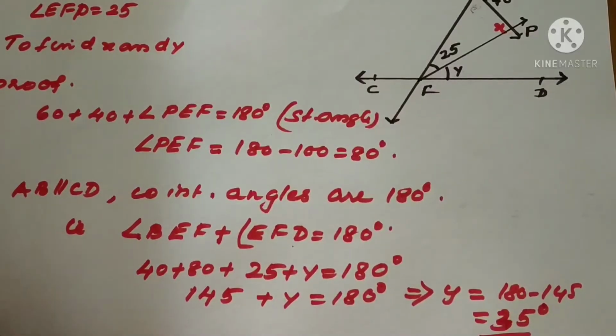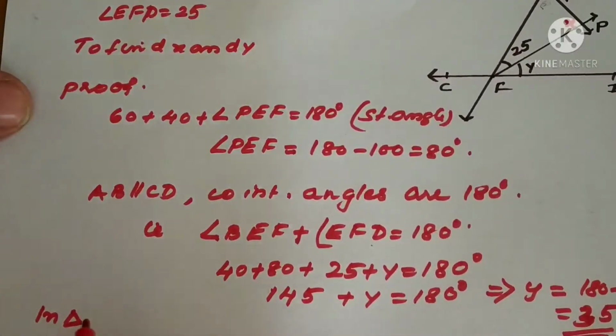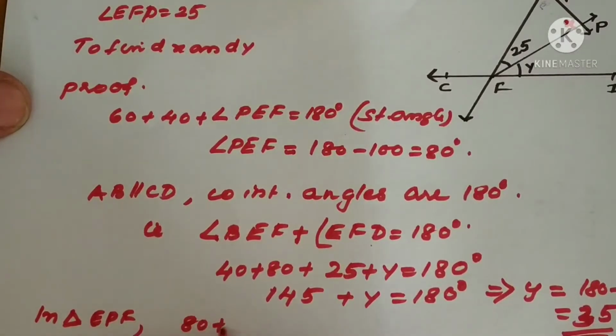Now what is left for us? X is left. So in triangle EPF, 80 plus X plus 25 equals 180 degrees, angle sum property.